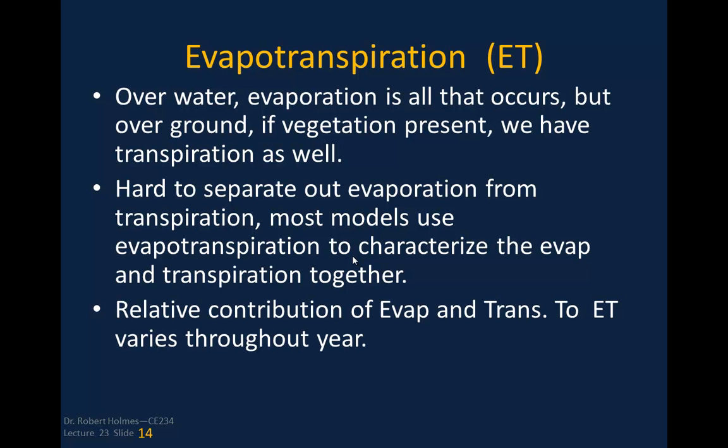When we look at evapotranspiration, ET, over water, evaporation is all that occurs. But over ground, if you've got vegetation present, which happens in the growing season, we have transpiration as well. It's hard to separate these two, so most models lump them together and call it evapotranspiration to characterize both the evaporation and the transpiration together. The relative contributions of evaporation and transpiration to the ET will vary through the year, obviously because of the growing season.